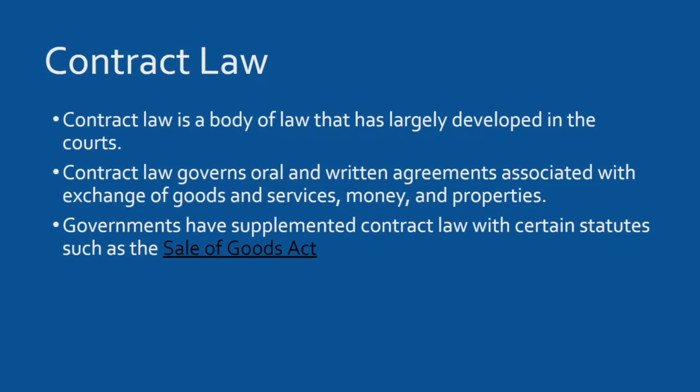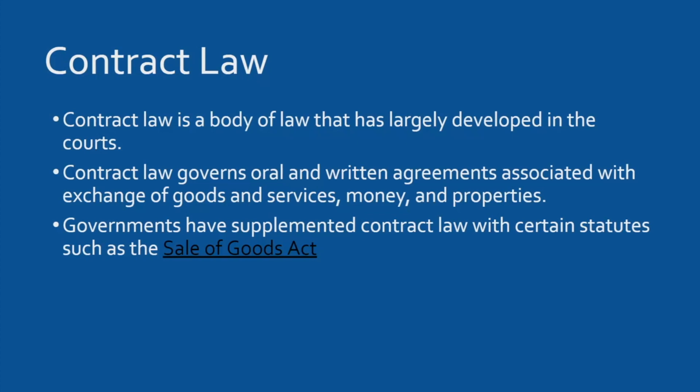So contract law governs both oral and written agreements associated with the exchange of goods, services, money, and properties. A couple of things we need to take away from that: contract law covers physical, tangible goods, but it also covers services, which is a very big part of our economy.